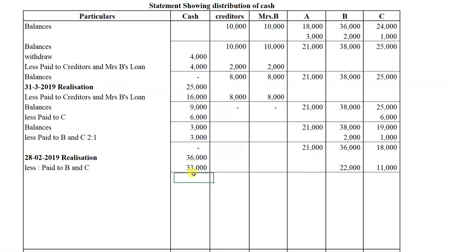So 36,000 minus 33,000, balance is 3,000, and here is 21,000, here is 14,000, and here is 7,000 balance.